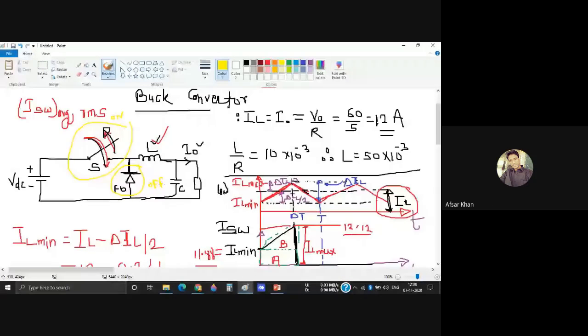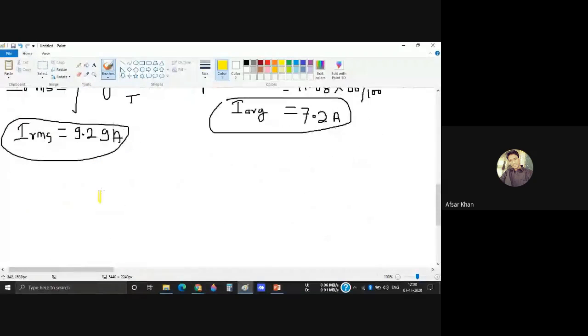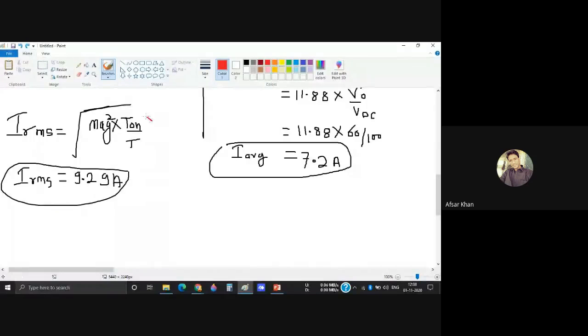Yes, when the switch is off, current is flowing through the diode. So if diode current is asked, instead of on we write off. That's it. Simple.